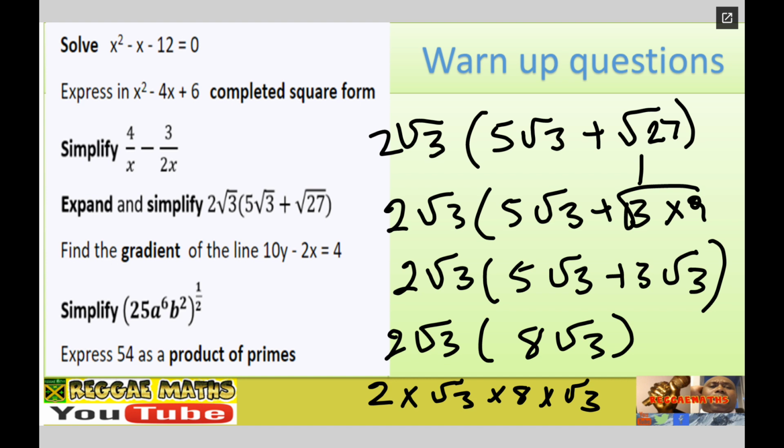So my answer is 2 times 8, which is 16, times 3. So the answer is 48.